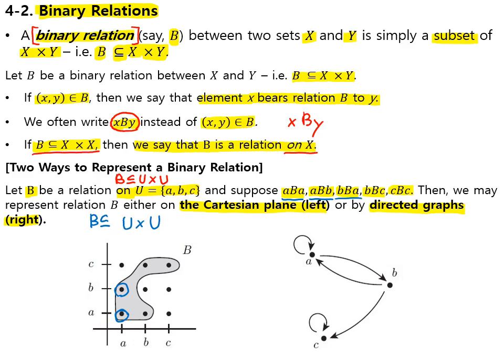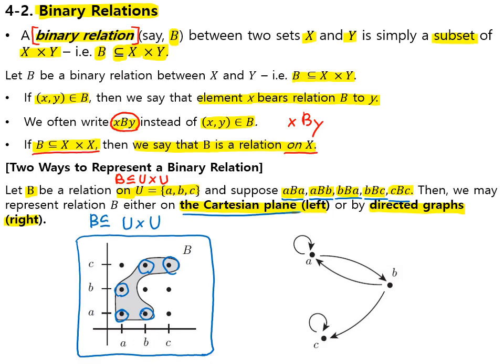B is related to A corresponds to this. B is related to C corresponds to this. And C is related to C is related to this. So this is one way to represent a given binary relation. You can do it on what's called the Cartesian plane.